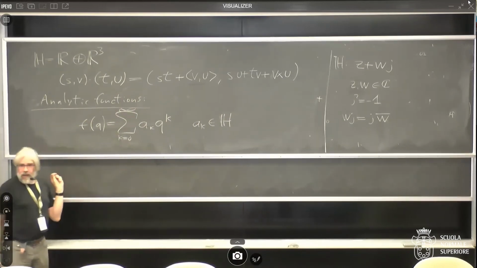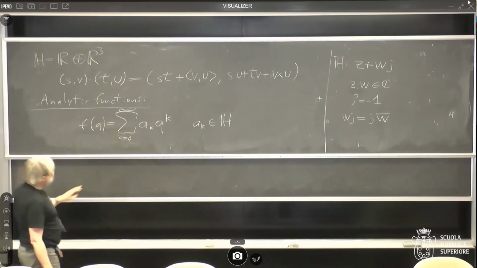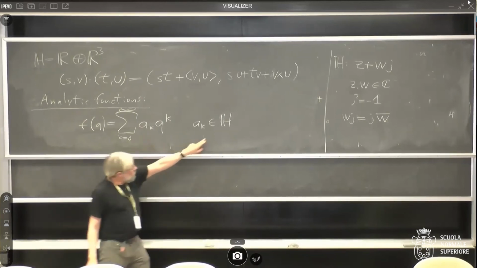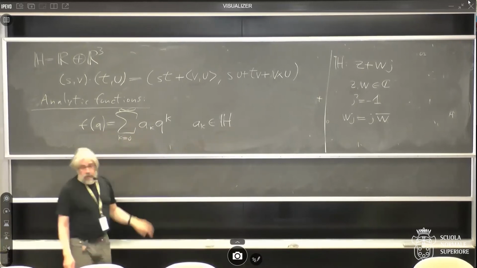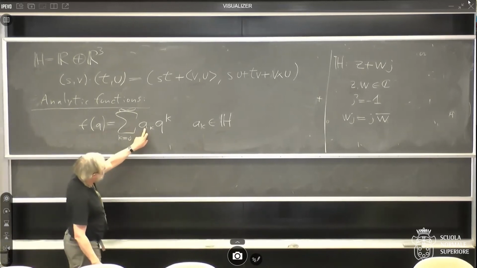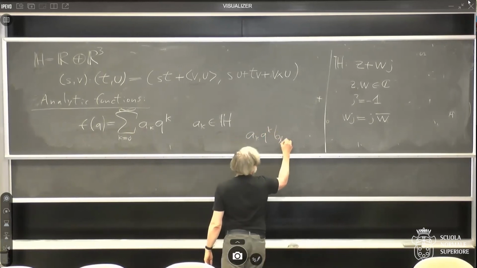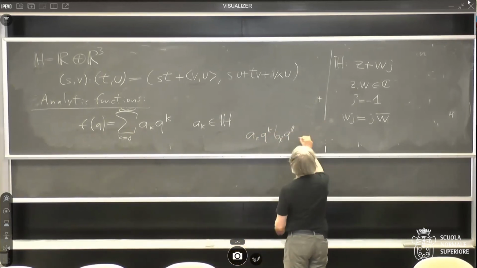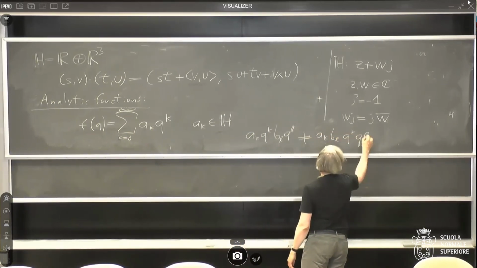First of all, at this point it has strong consequences that the quaternions are no longer commutative. Because the quaternions are no longer commutative, if you multiply in the obvious way two such functions, the result is no longer in an obvious way such a function, because a_k q^k times b_l q^l will not be the same as a_k b_l q^k q^l.